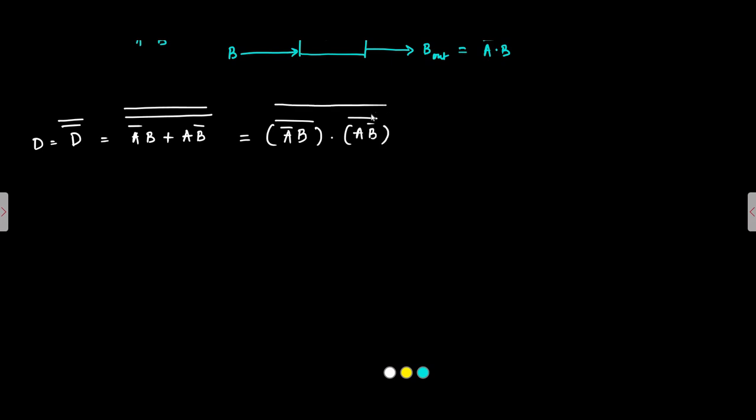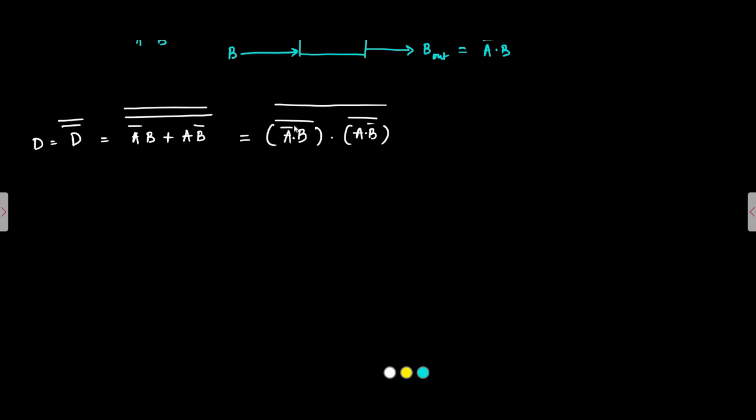So now our objective, if you remember, whenever you implement something using NAND gates, always make sure that every term which is present here, it should be in AND form and the whole should be complemented, okay. Here A bar B, it is in AND form, A bar B whole complement, it is complemented.